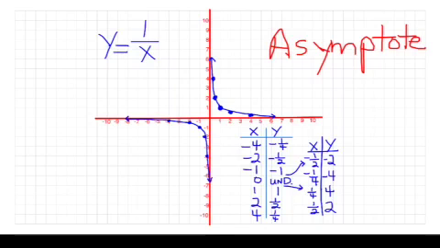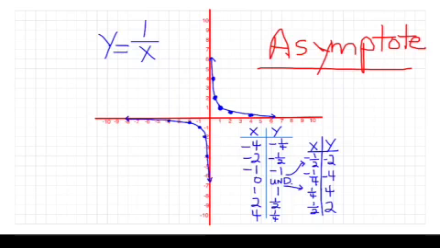In this case, the x and y axis. So this has two. It has a vertical, the y-axis, and a horizontal, the x-axis. Again, it's going to be very important to recognize this characteristic when we get ready to transform functions. The characteristics of asymptotes are going to make it much easier to move these around and see where they've moved from.